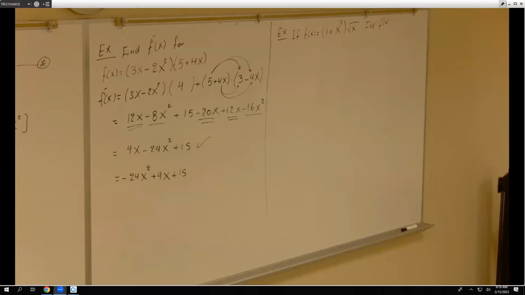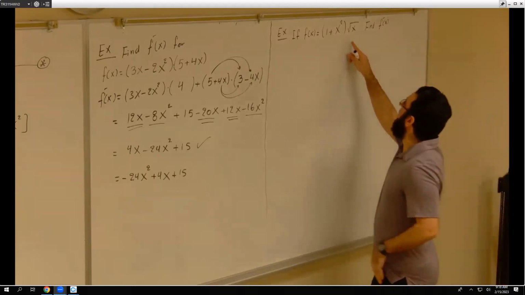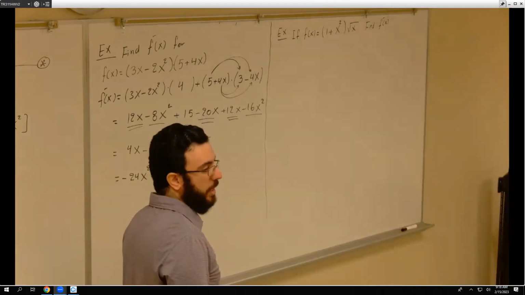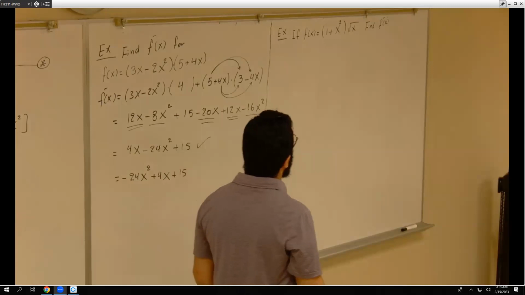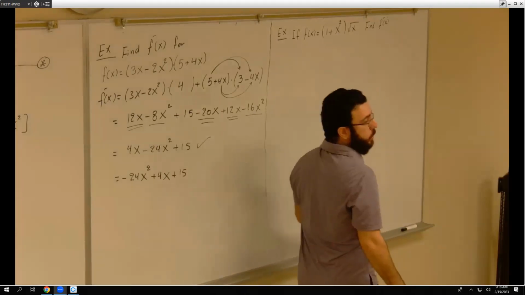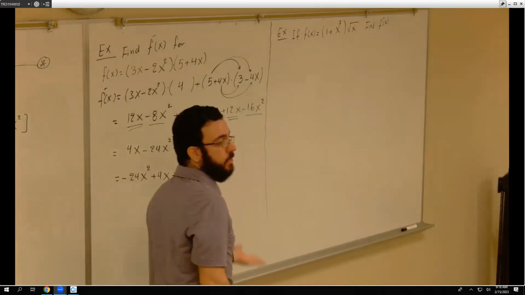If f of x equals 1 plus x squared and g of x, the second function, is square root of x. Here's the thing, this is really important because we have a radical on this side. The easiest way to work with a radical is to convert it to a rational exponent.